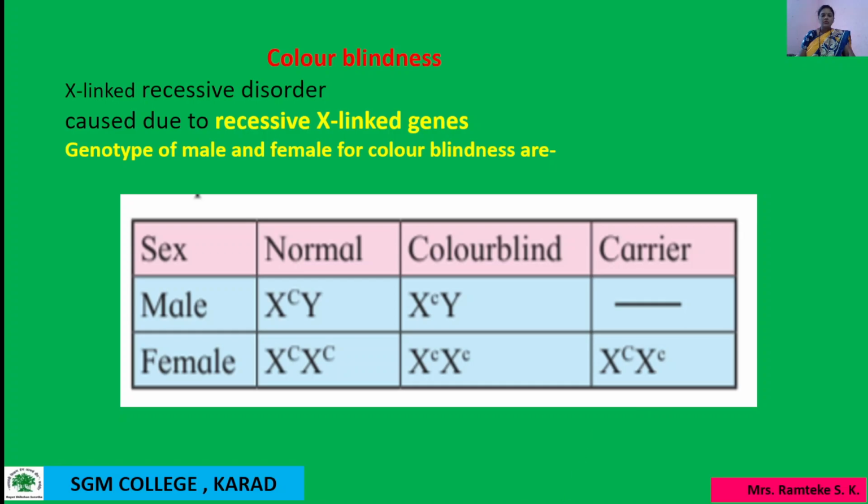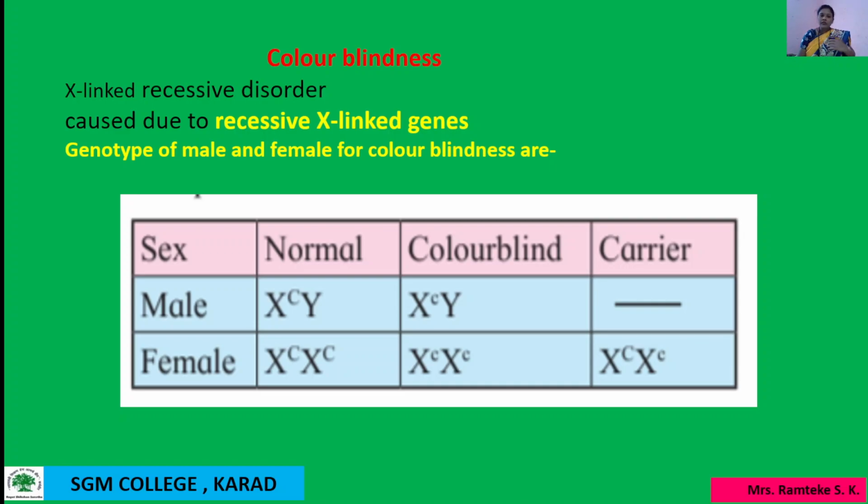Okay, so let us again understand here color blindness. So color blindness is an X-linked recessive disorder where the person is unable to distinguish between red and green color, so both the colors appear gray.